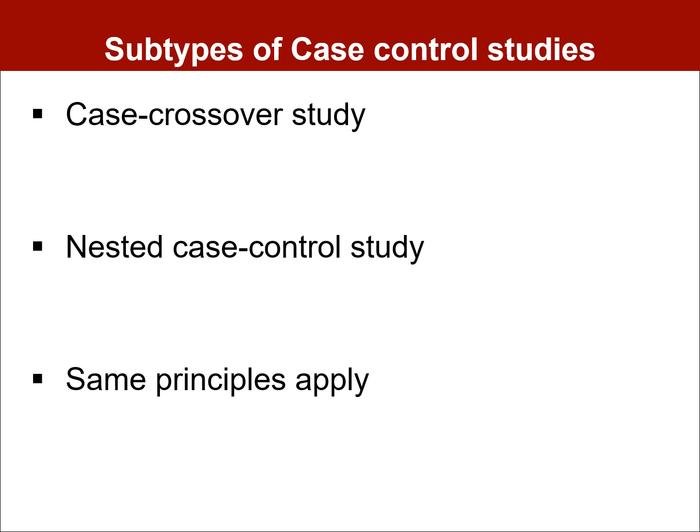Maybe at a point where its status changed, right? And then we can compare that case to itself. So that's where we'll call it a case crossover study design. But it's a subtype of case control study. So if you were to run into this, you would say it's a case crossover study, which you would also have to say is a form of a case control study.